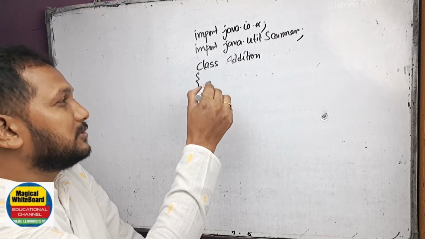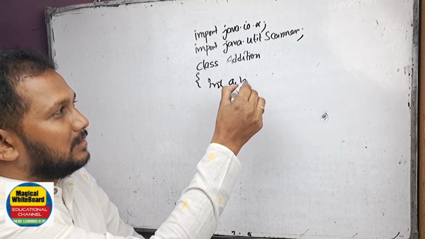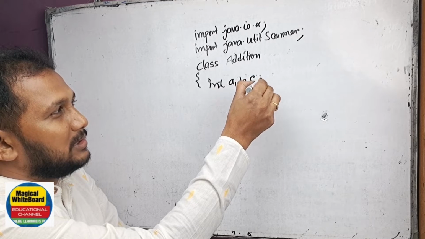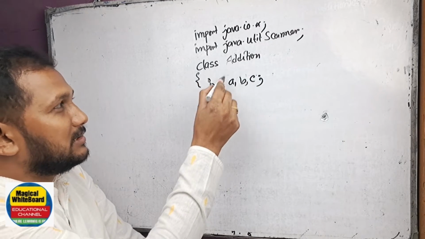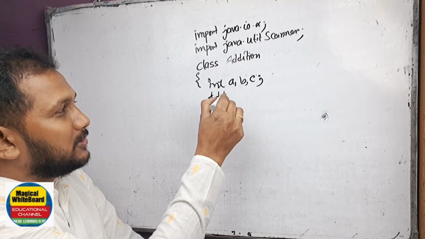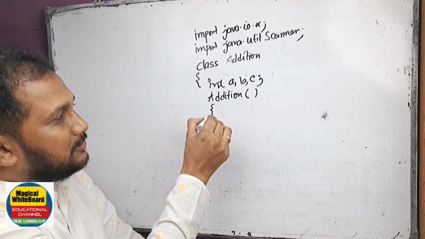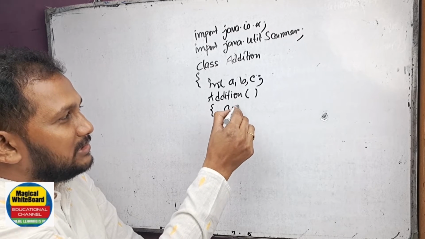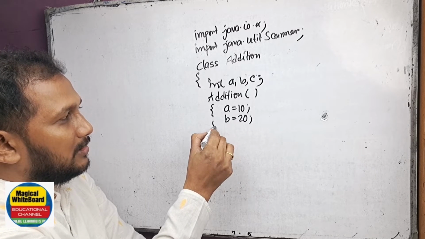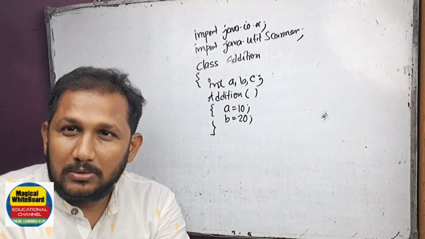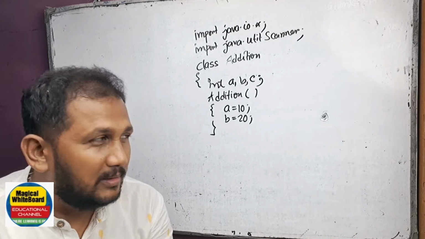So suppose there are two data members A and B, and another data member to add two numbers A and B. The name of the class is Addition, so the name of the constructor is Addition, and it is used to initialize the data members. Suppose A is initialized to 10 and B is initialized to 20. So this constructor is used to initialize the data members A and B.